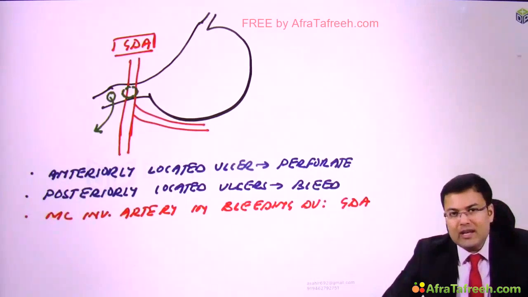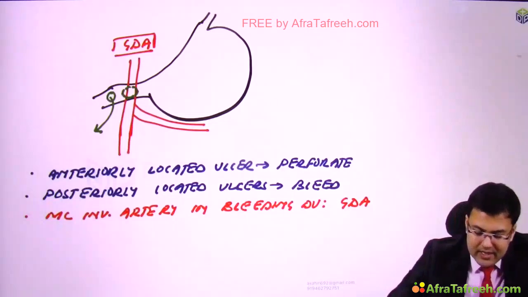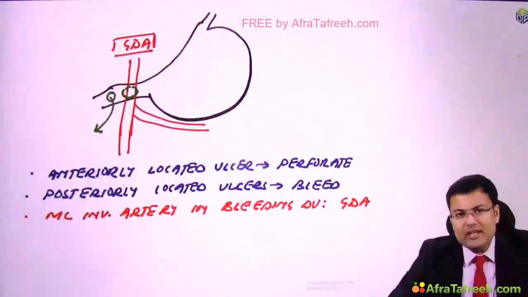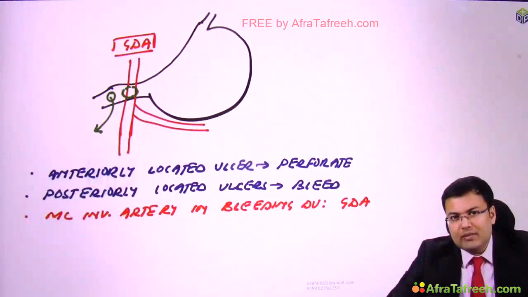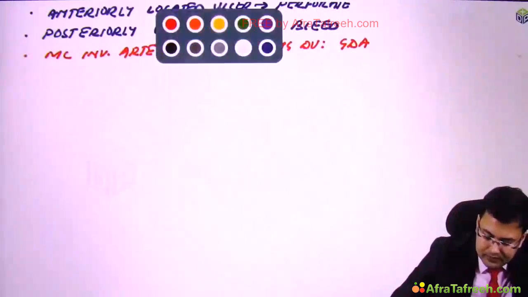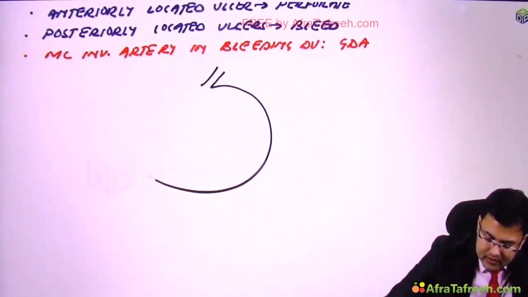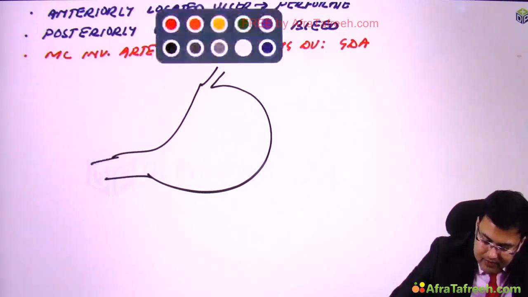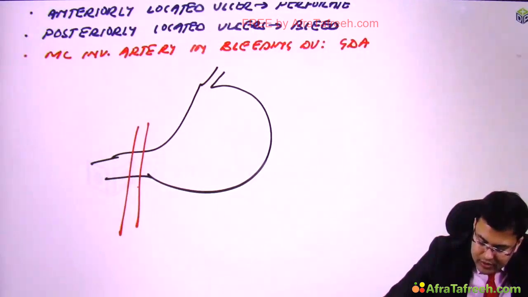Now how are we going to manage the bleeding? First, in bleeding, what do we have to go for? Initially, we go for endoscopy, but if it's not controlled, we have to go for surgical treatment. Now see, we have to open the duodenum. This is the stomach. This is the gastroduodenal artery.